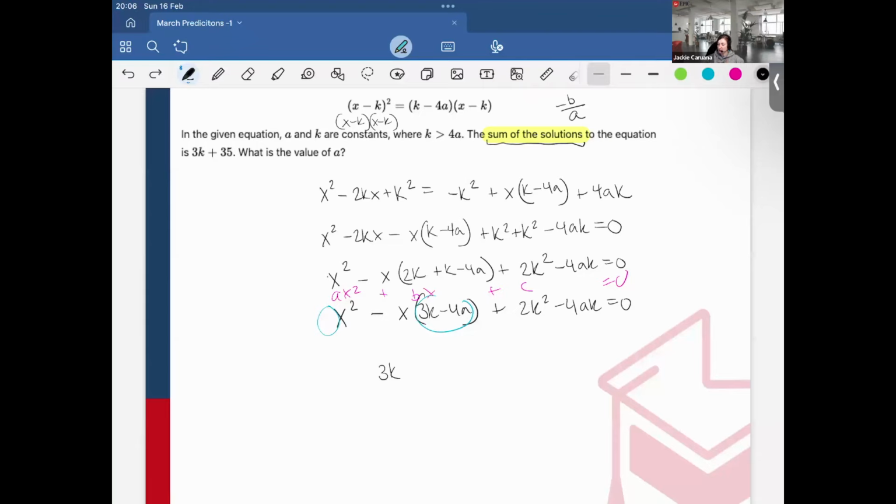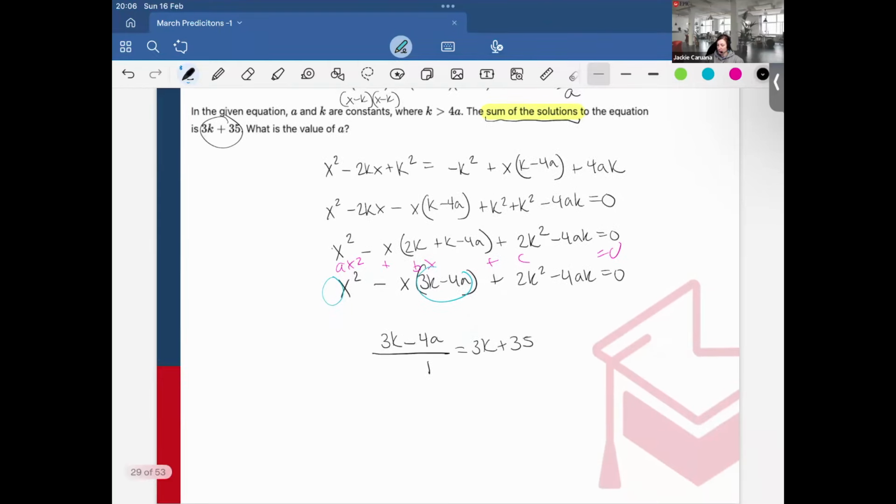So basically, it's just 3k minus 4a over 1, and this is equal to 3k plus 35. And having the 1, it's basically equal to the same. And then I can solve for a. So subtracting, I would get negative 4a is equal to 35. And then a is equal to negative 35 over 4. And that would be my final answer.